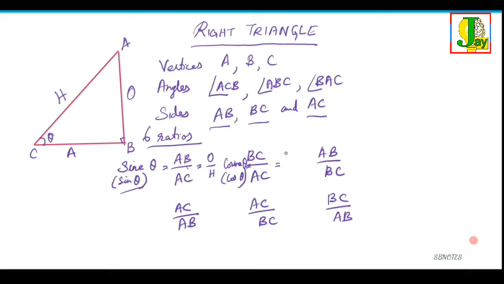That's adjacent by hypotenuse. The third one is tangent of this angle theta. In short we write tan theta, and this is opposite by adjacent.